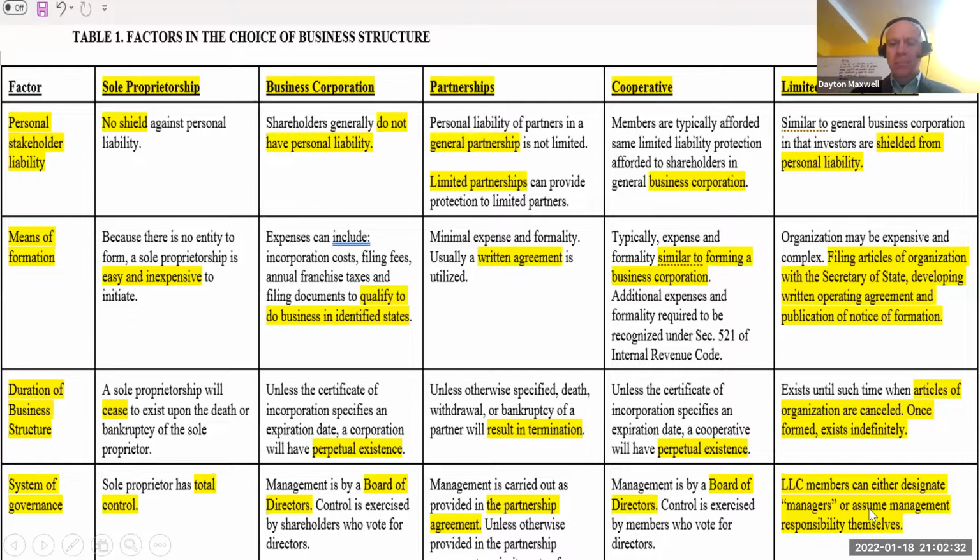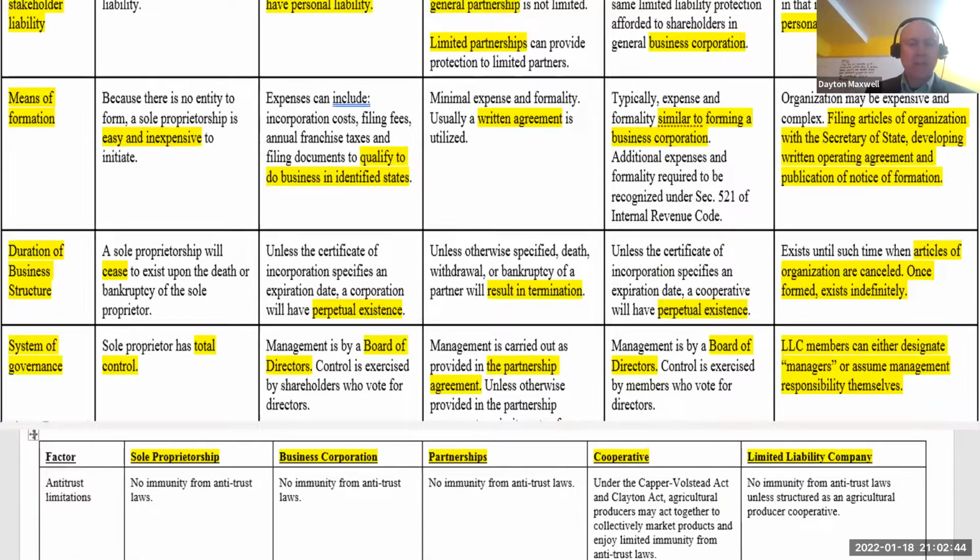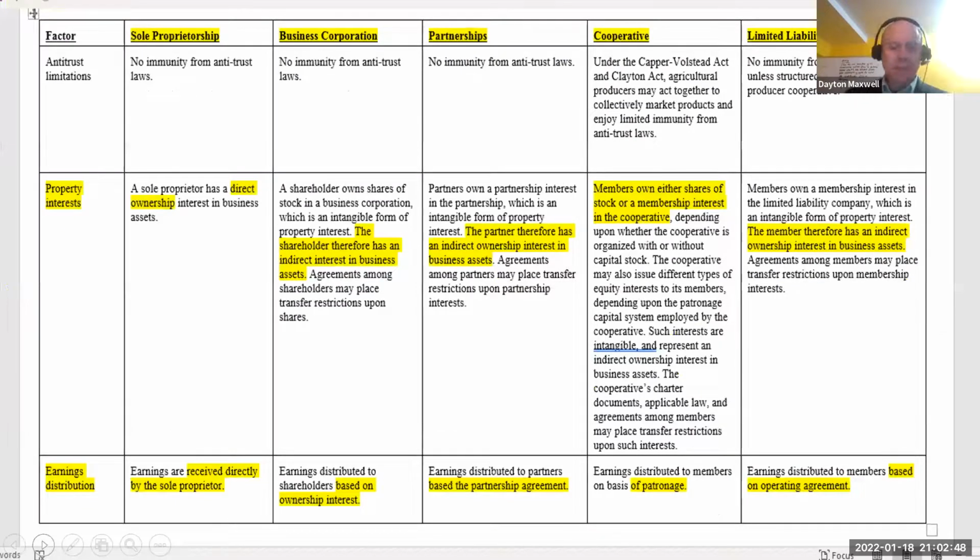LLC members can designate managers, et cetera. So again, I really think the LLC is the most flexible form of business. And just want to restate that with a form of business, the business owns the physical assets, and the person owns shares or something that represents ownership in that business.